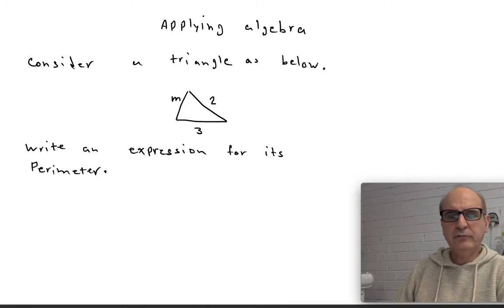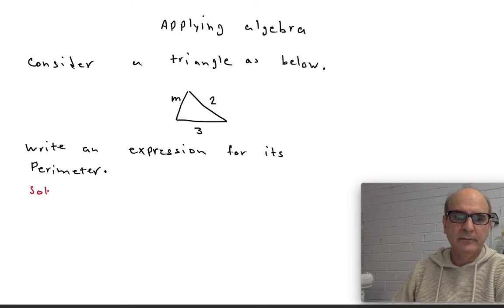Okay, you know that to find the perimeter, we need to add all the sides. This side is m, so we don't know it, but whatever it is, we've got to add all of them up.